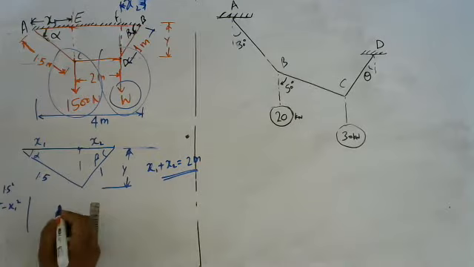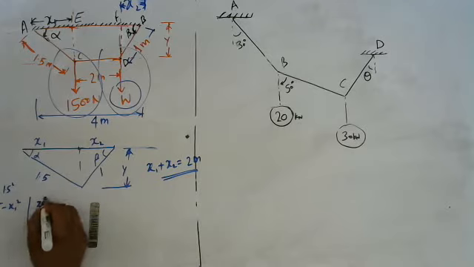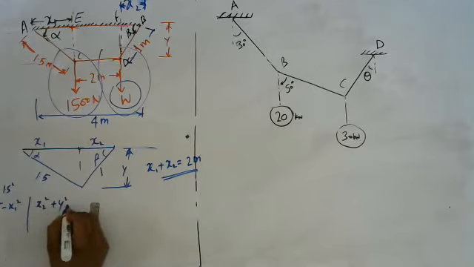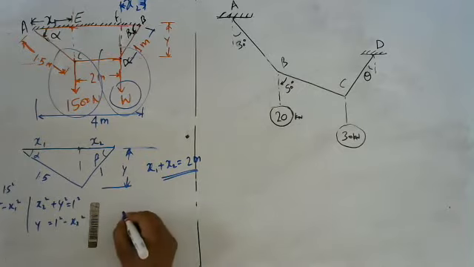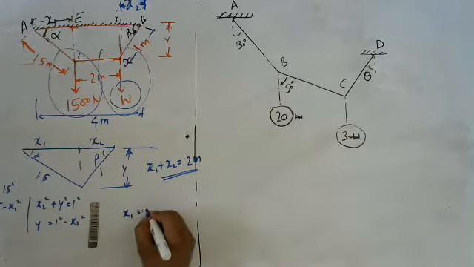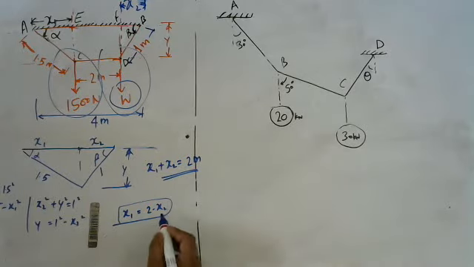From the second side I can write x2 square plus y square is equal to 1 square. So again y square is equal to 1 square minus x2 square, and we know that x1 is equal to 2 minus x2. So from here y is equal to 1.5 square.